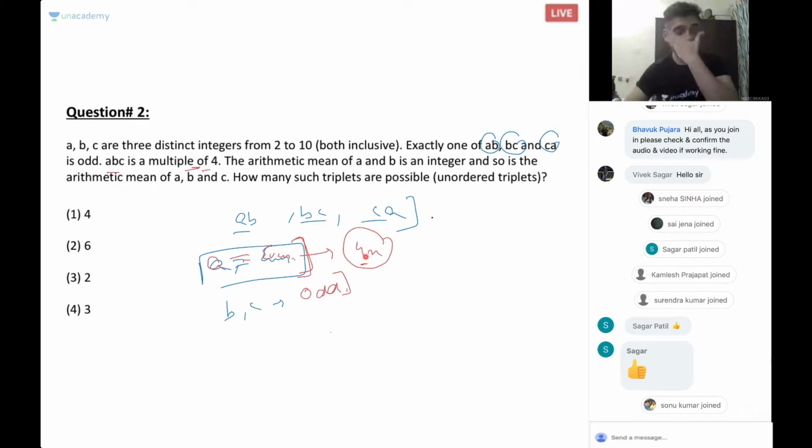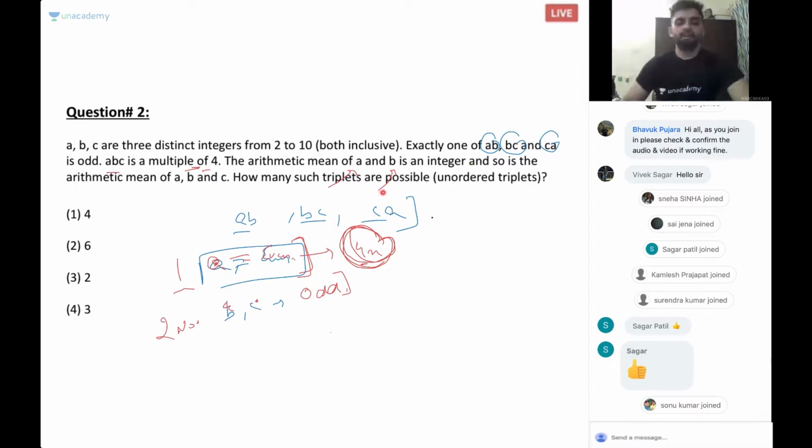Okay, we cannot assume A or B or C because we have individual things being talked about. So we say one number is even, the other two numbers are odd. The number that is even is of the form 4x because it is bringing 4 as a factor.